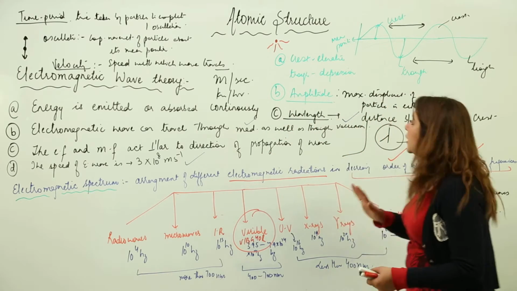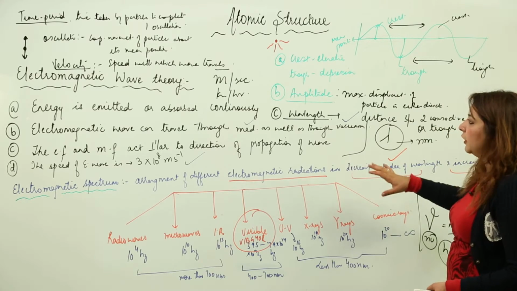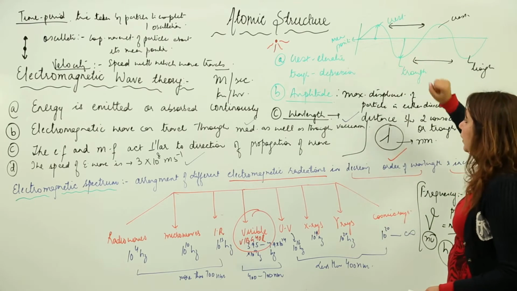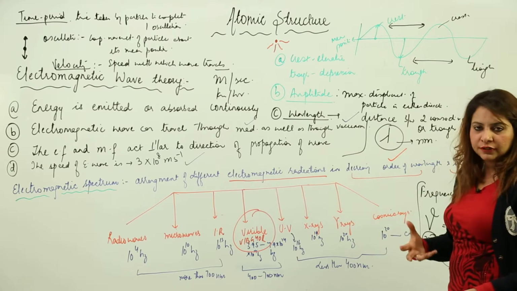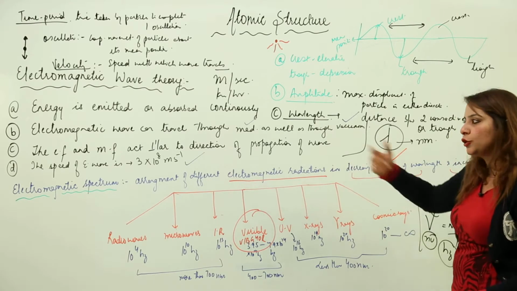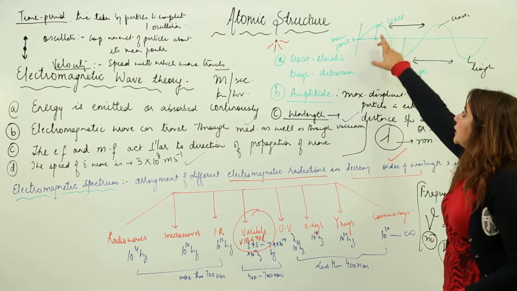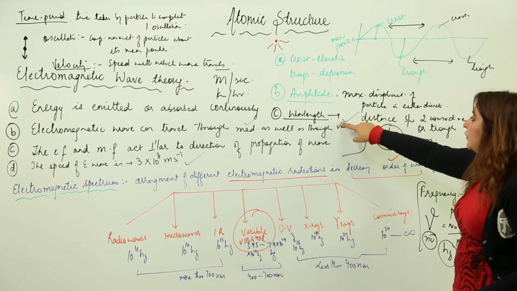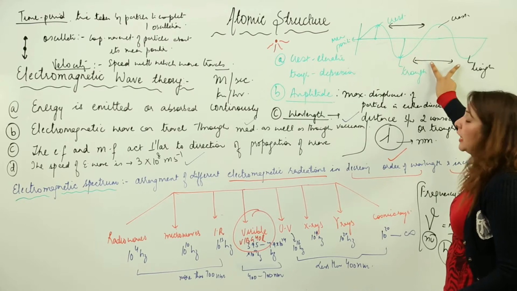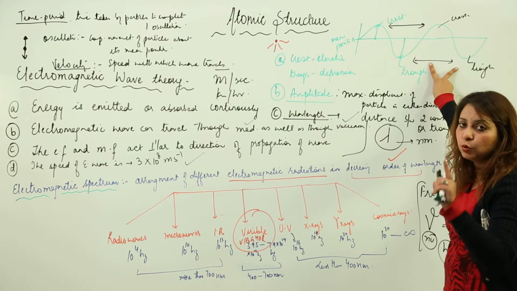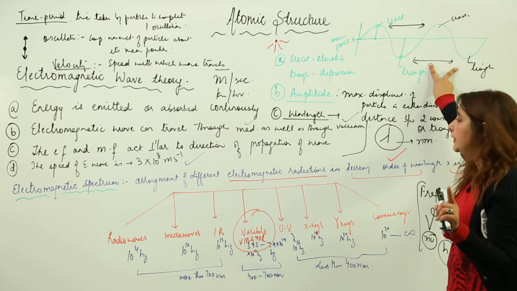I think you got it. The electromagnetic wave, you know, consists of one crest, one trough and it doesn't need any medium. It can travel through vacuum also, and the speed also you know. And if you talk about wave parameters, amplitude is the maximum displacement in either direction. Wavelength is the distance between two consecutive crests, or may be taken as the distance between two consecutive troughs, but it has to be consecutive.